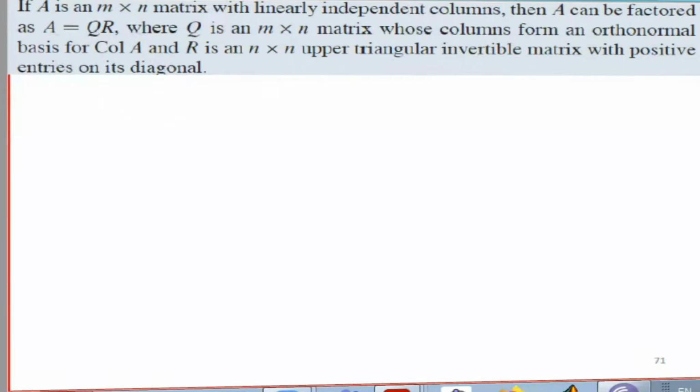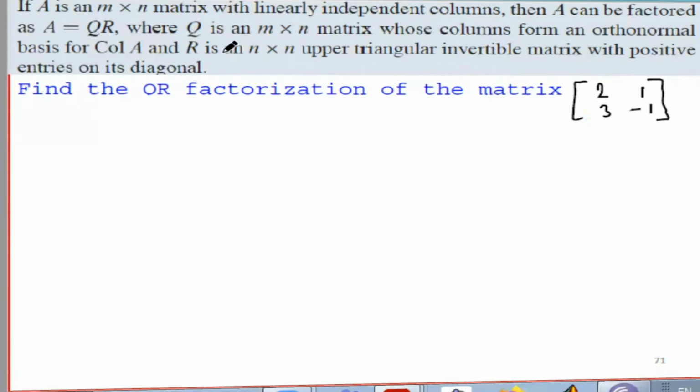For example, find Q and R, where Q is the orthonormal basis matrix for the column space of A, and R is the upper triangular invertible matrix. Let this matrix be A, because we have to factorize this matrix.